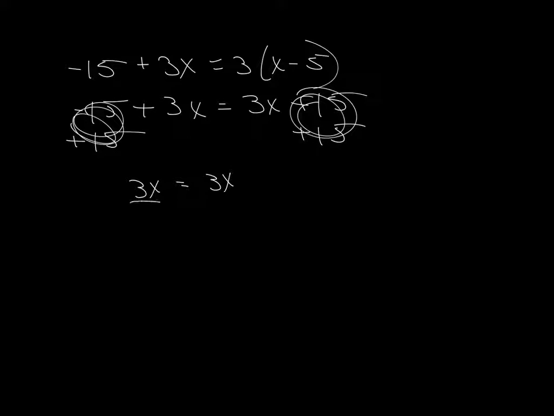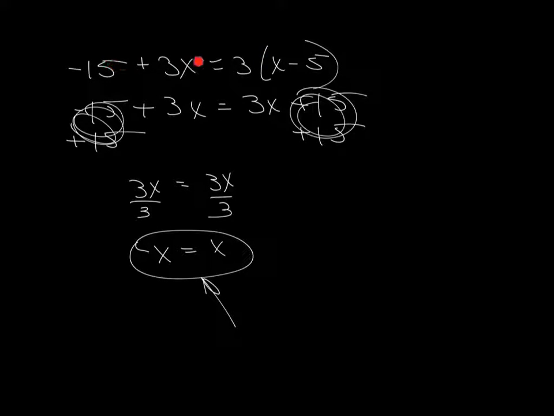So I have that, so I divide by 3, and I get x equals x. Okay, whenever you get two answers that are the same, but your variable either disappears or it says that it's the same, x equals x, that means that you can put absolutely any number in your original equation and it will be a true statement.